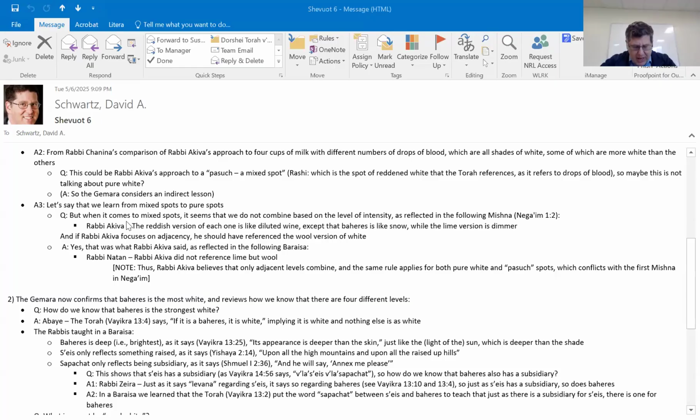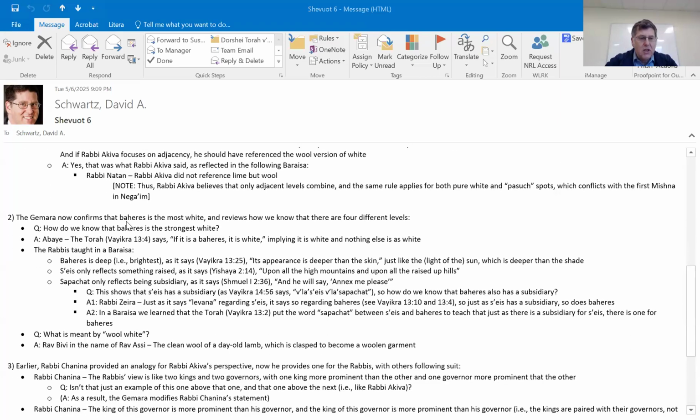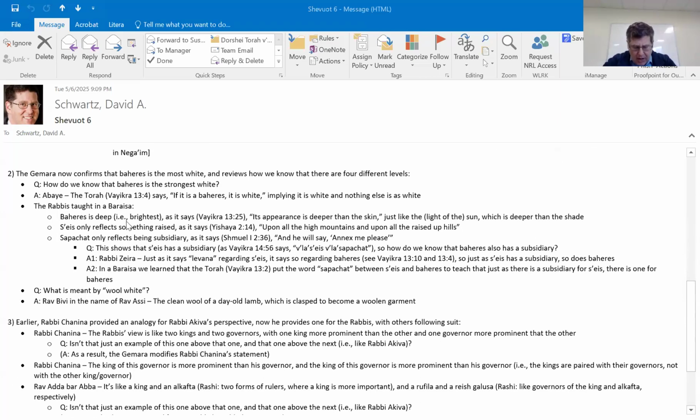Okay, so Seis, could we say it is semer lavan? We said that Seis was wool white. So what does that mean? Tzemer lavan, what does that mean? Amar Rav Bibi, amar Rav Asi, tzemer naki ben yomo, shemechabdin bo lemelas.